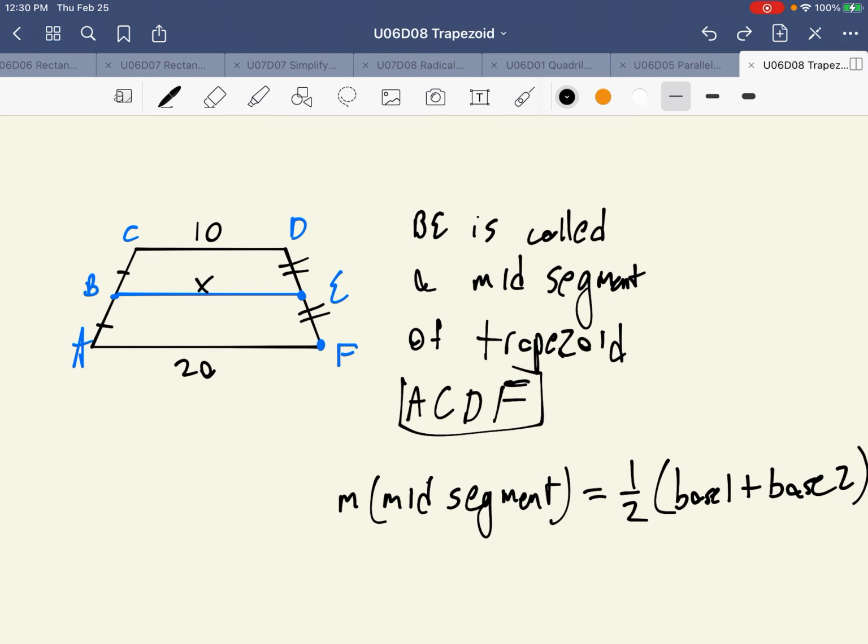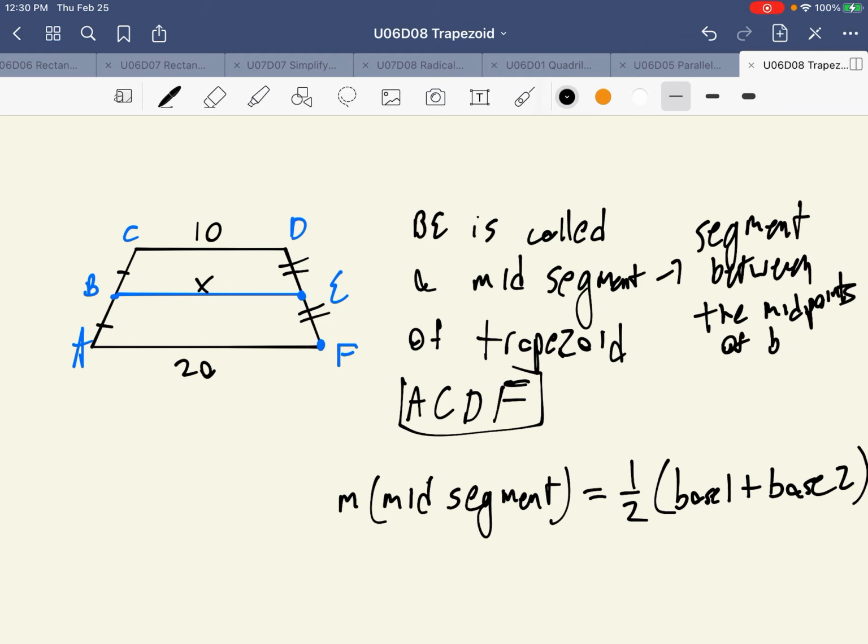So it's the segment between the midpoints of both legs. So in this case, CA and DF are the legs. I really should have marked that CD and AF were parallel to indicate that.